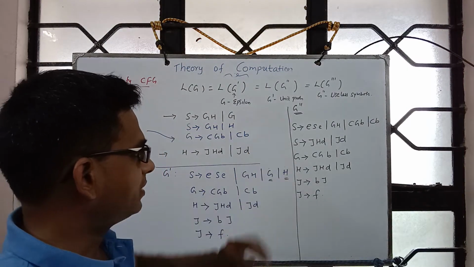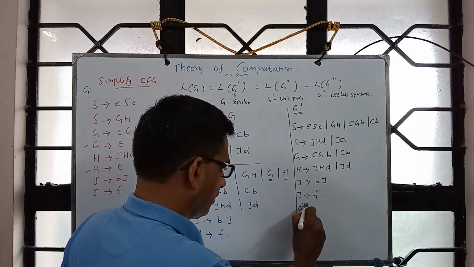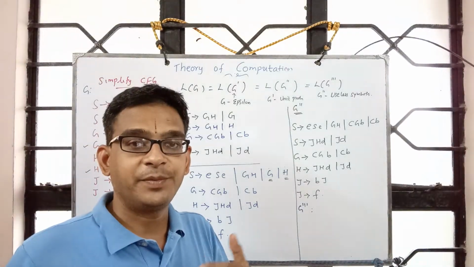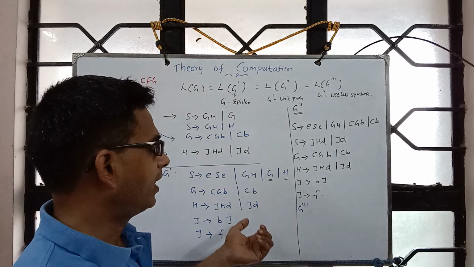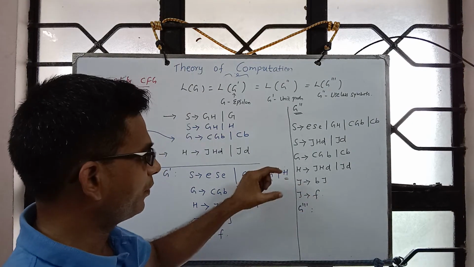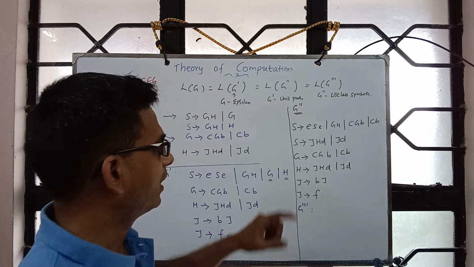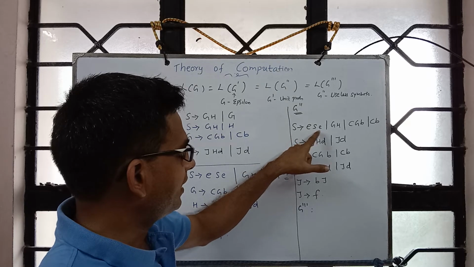Now on this, we should identify useless symbols, productions, terminals, non-terminals that cannot be reached, and strings that cannot be generated following some production, all that can be removed. Let's look at one by one. S implies ESE.